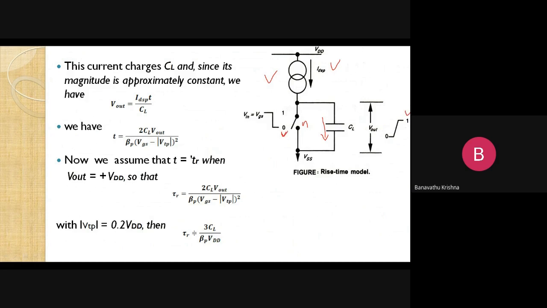Here this current charges CL, and since its magnitude is approximately constant, we have V out equal to IDSP into T by CL, right? We can substitute the IDSP value here.